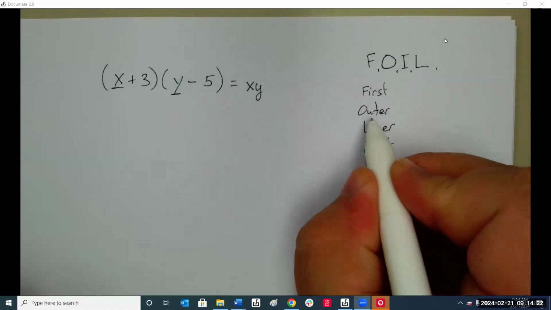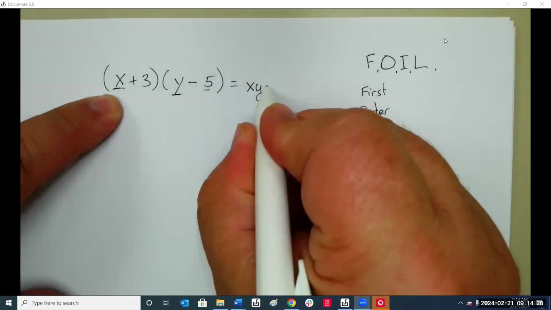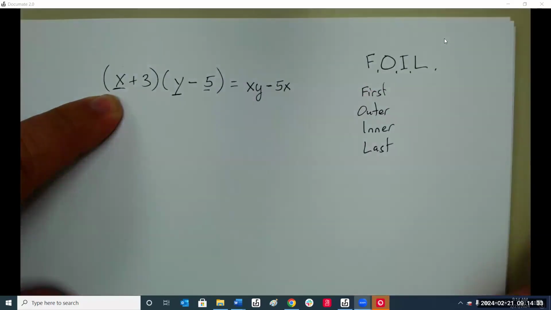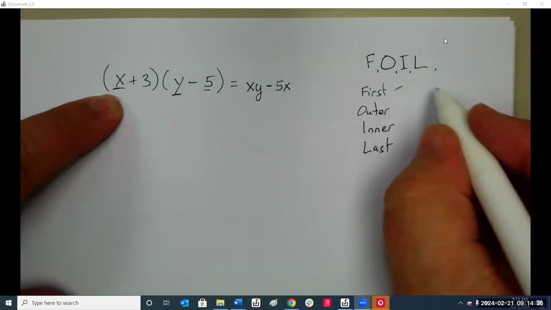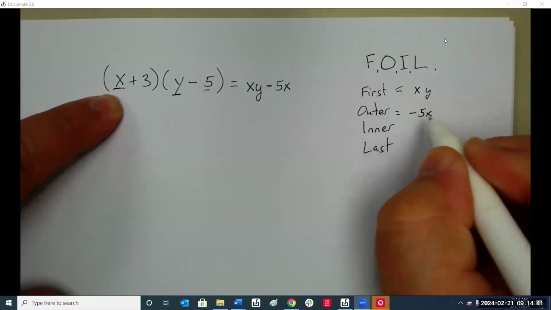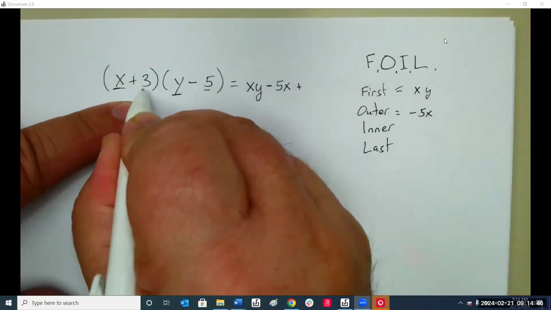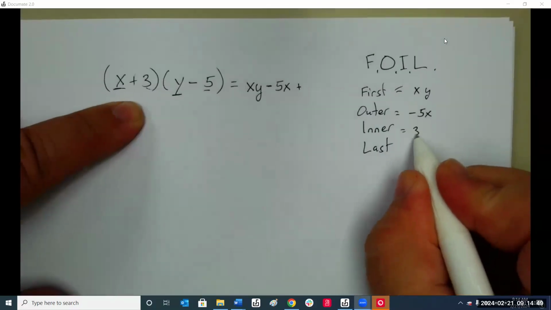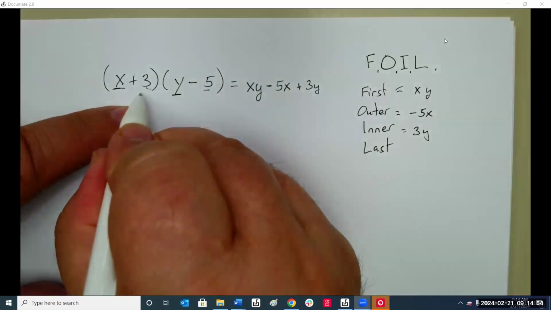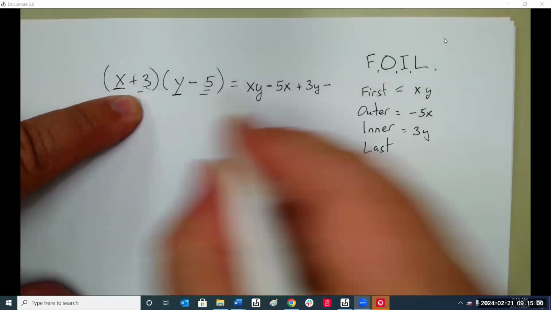The outer ones, this x times, so positive times negative is negative. X times 5 is 5x. So this is xy. This is negative 5x. Inner ones, positive times positive is positive. 3 times y is 3y. And then the last ones, positive times negative is negative. 3 times 5.